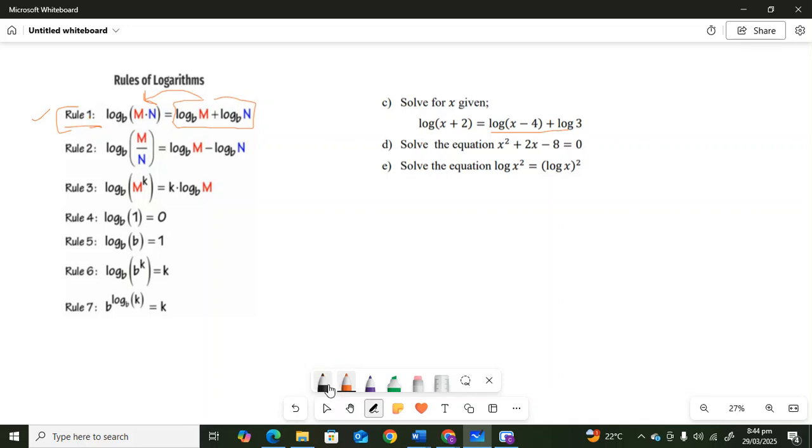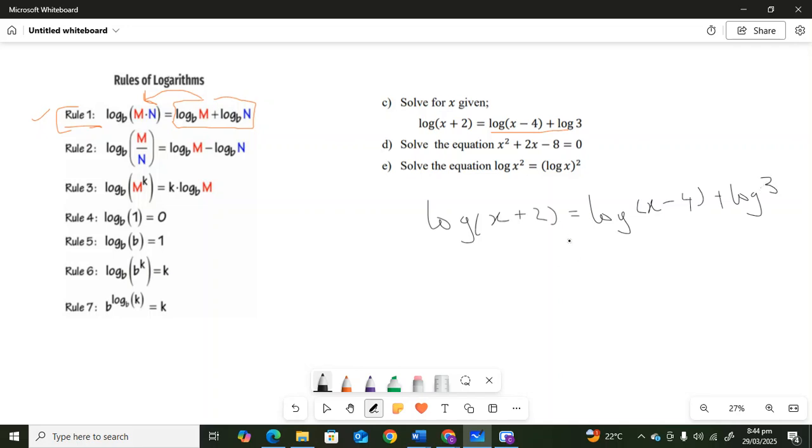Okay, so if we apply the product rule, first it starts like this: log (x plus 2) equals log (x minus 4) plus log 3.